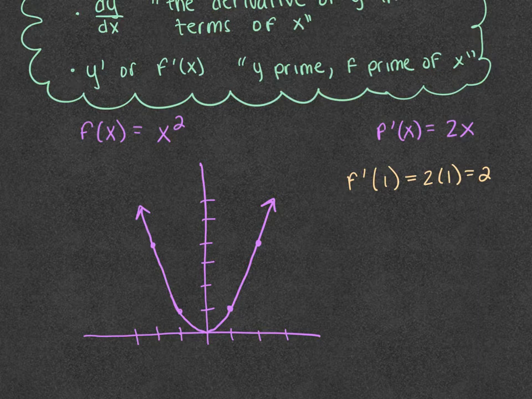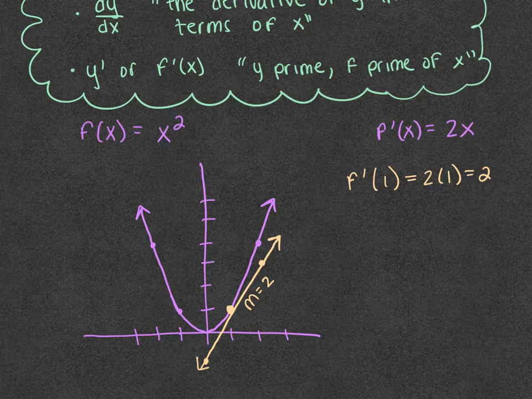So at x equals 1, I use the slope of 2, up 2 over 1, or down 2 over 1. This is the tangent line at 1, and the slope of that tangent line is 2. So at this point, the rate of change is 2.